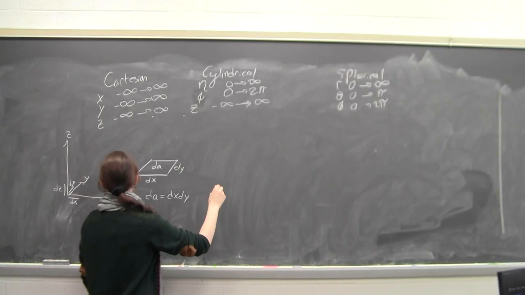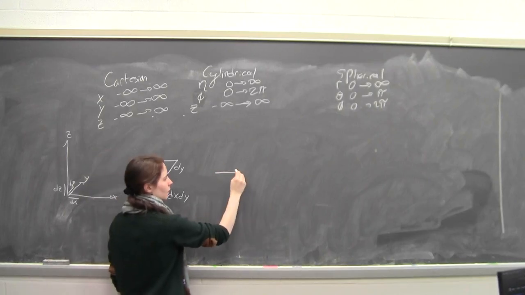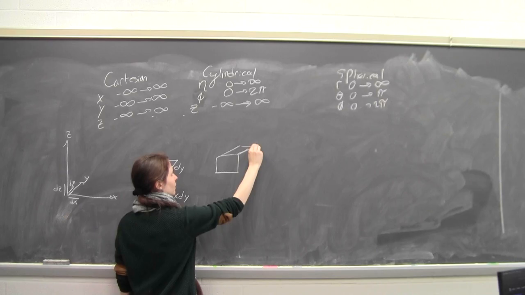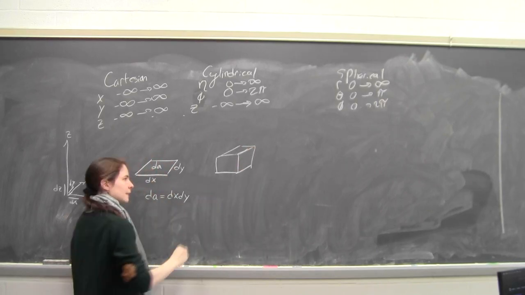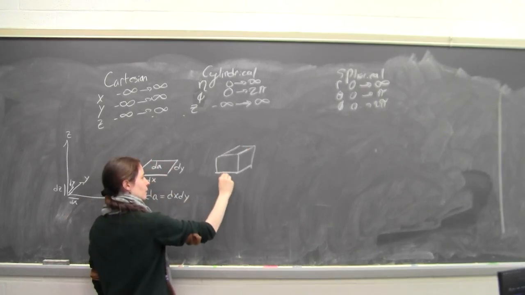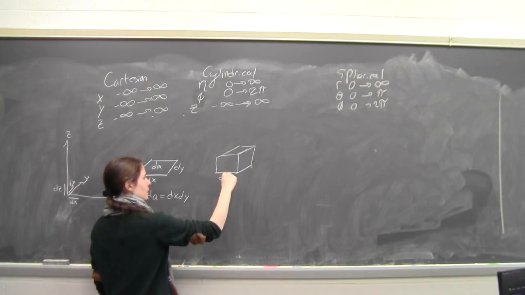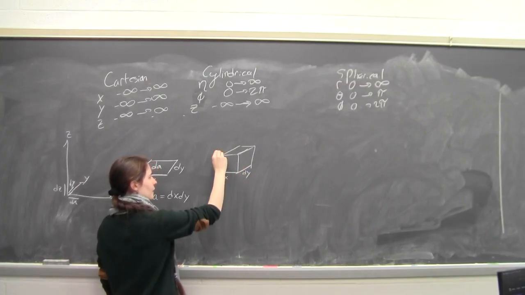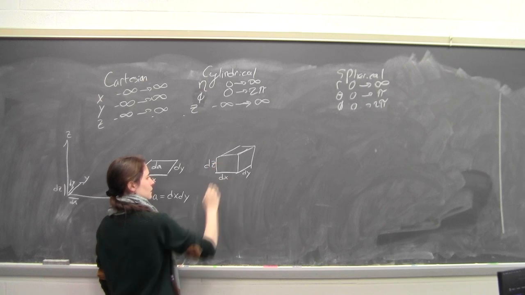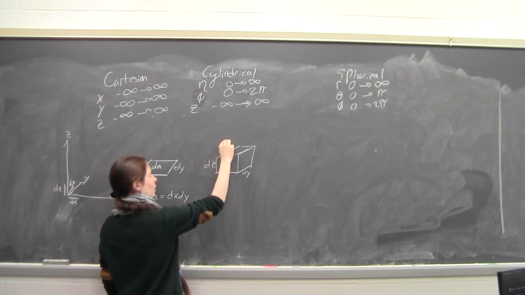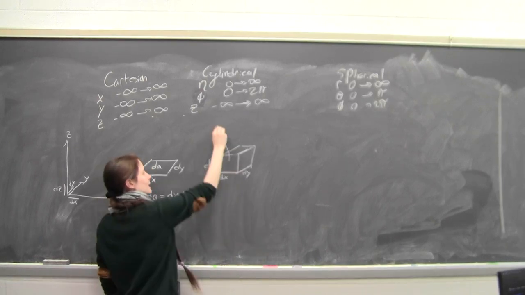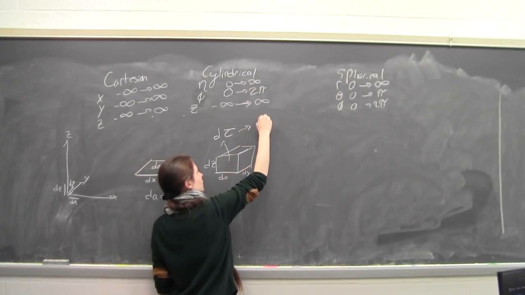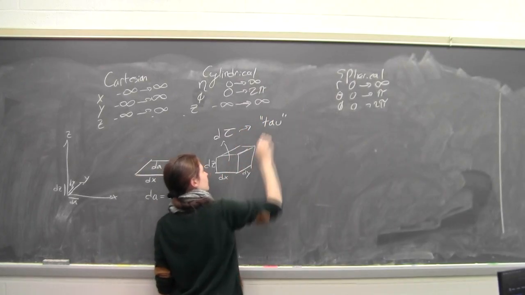And then finally, let's say that I want to do a little bit of volume. So I just think of a cube, and the cube has a little bit of width dx, a little bit of depth dy, and then a little bit of height dz. We're going to call our little bit of volume d tau. This is another Greek letter, tau.